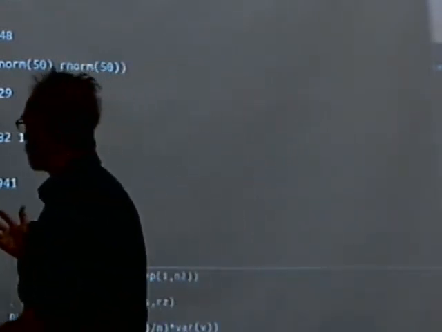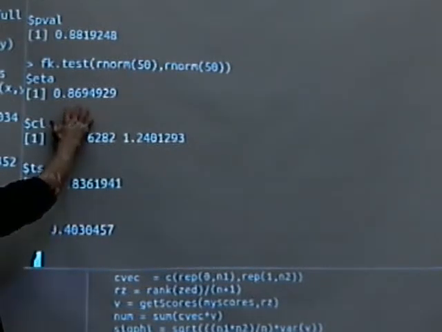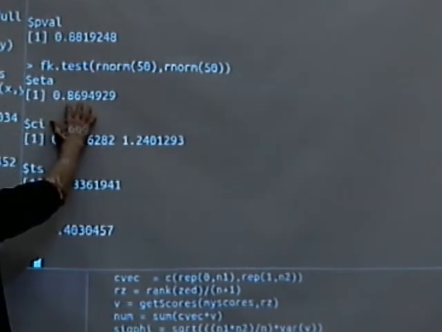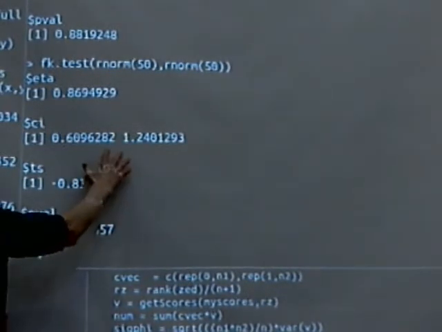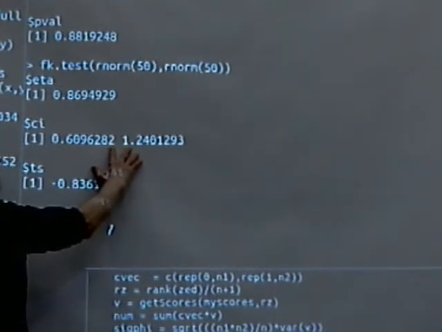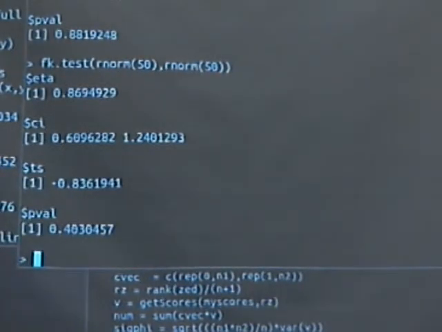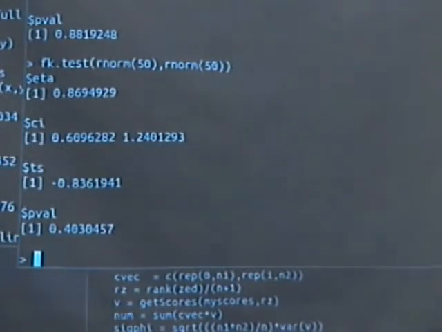Let's see how well it does the estimate. And we do have the estimates from all of these. And in this case, eta was estimated to be 0.869. It's actually 1, so it's close, right? And then the confidence interval did track 1. It goes from 0.6 to 1.2. Okay, this is the test of this that we talked about.